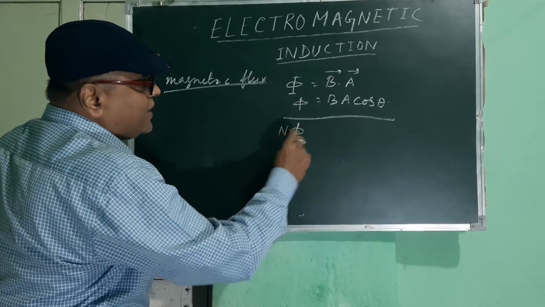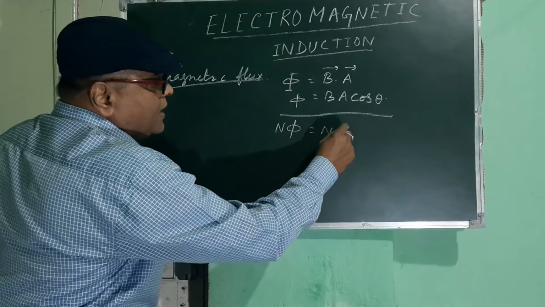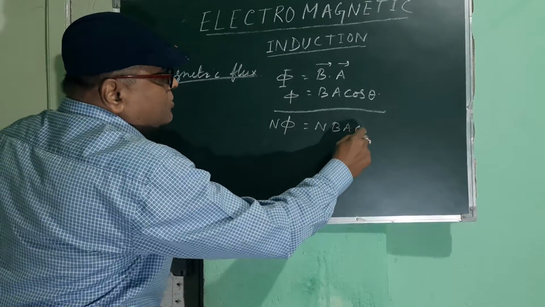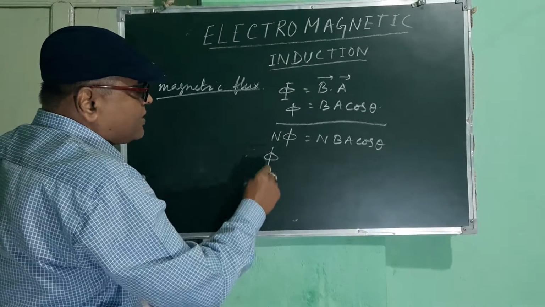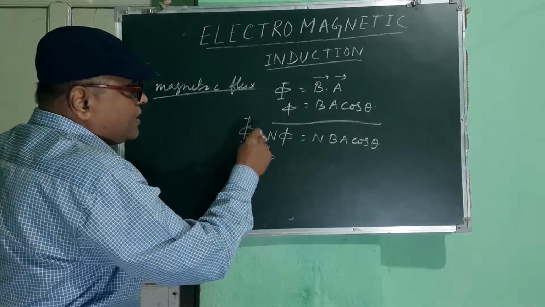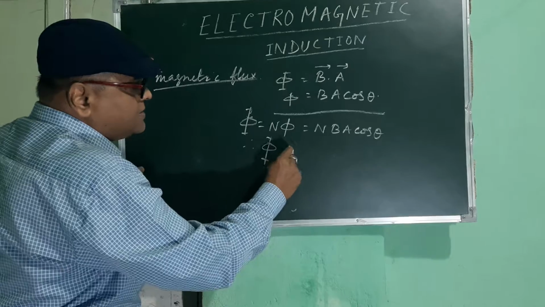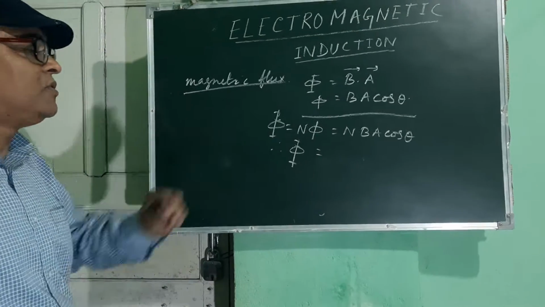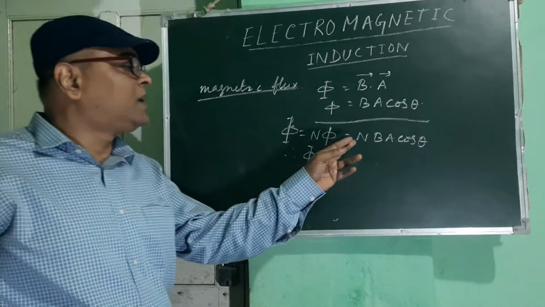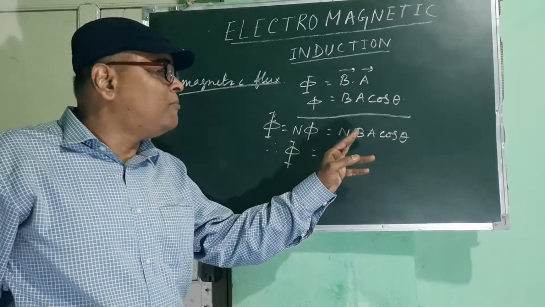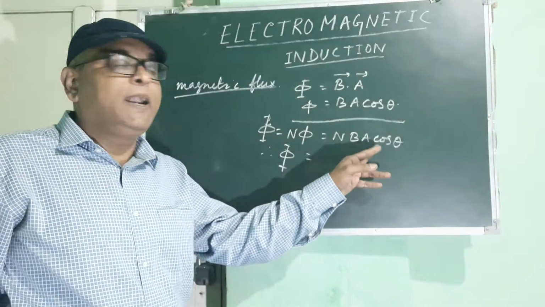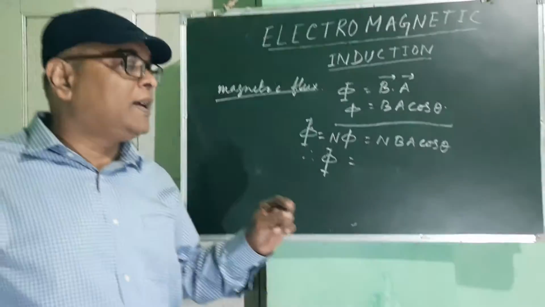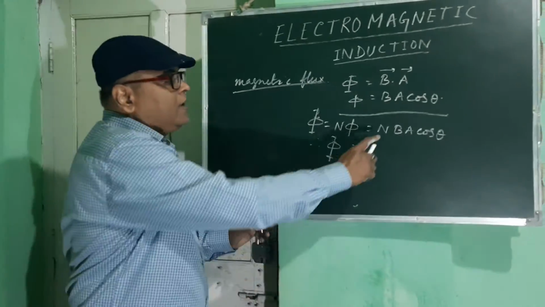For example, n BA cos theta. So phi depends on the number of turns, the magnetic field produced, the area of the loop, and the angle between B and A.